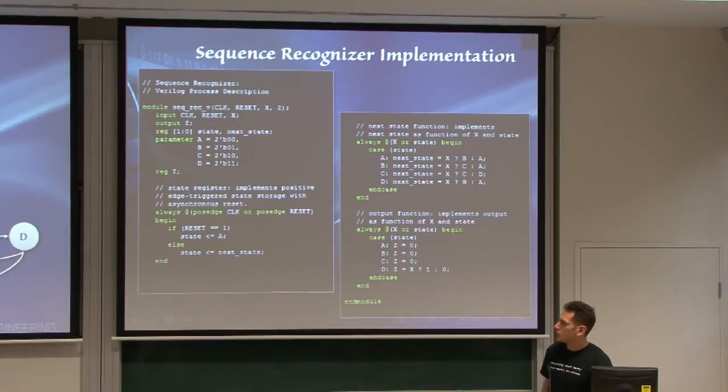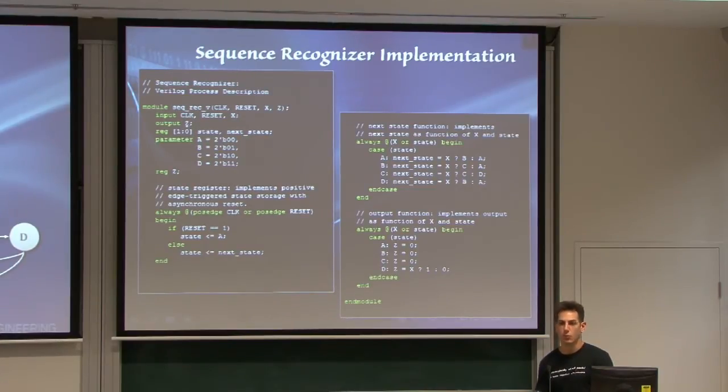The parameters are defining my states, A, B, C, and D. Instead of using 00, 01, 10, and 11 throughout the code, now I can use the parameters A, B, C, and D, and therefore I will not have zeros and ones everywhere with no context to them. When you say A, B, C, and D, this will talk about the state. I will have one output Z.